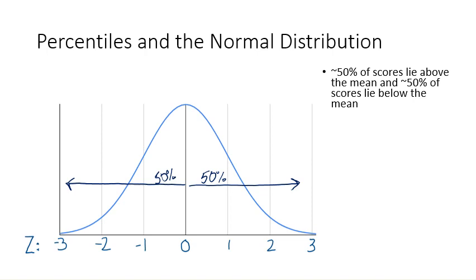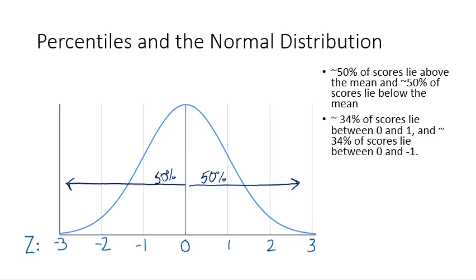So if someone has a z-score of 0, we know that their score is higher than half of the other participants, and we know that her score is lower than 50% or half of the participants. So that's pretty straightforward.